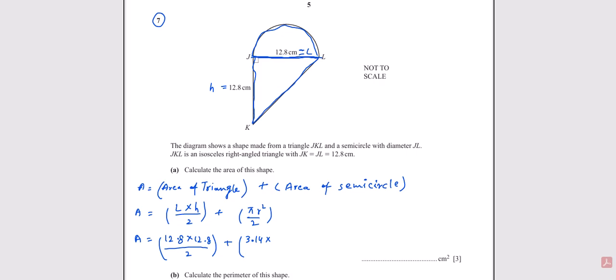We need to find the radius. This is the diameter. Radius is equal to d by 2. The value of d is 12.8, divided by 2. So the radius is 6.4. Put the radius here, 6.4 squared, divided by 2. Calculate these values, we get 146.2. This is our final answer.